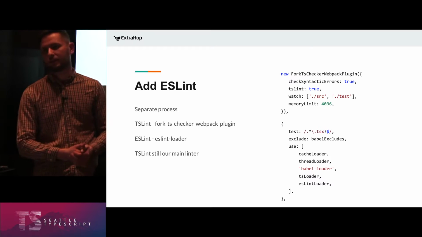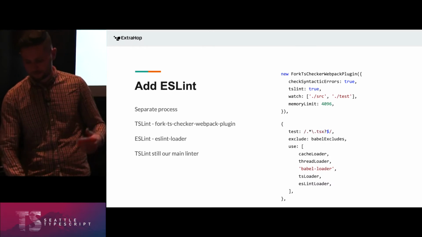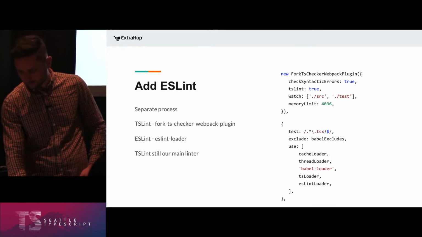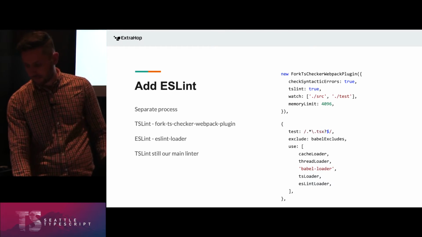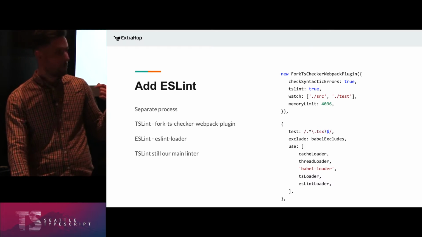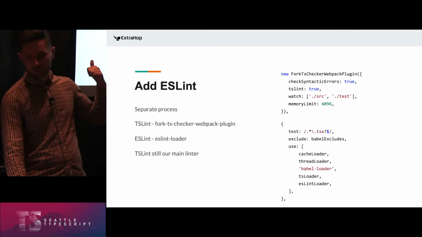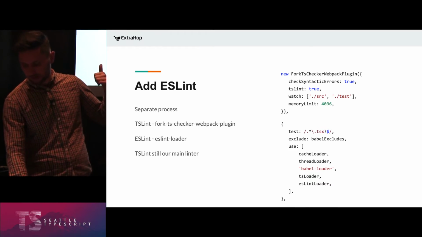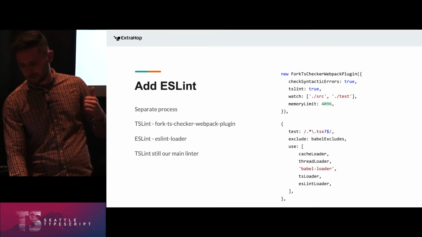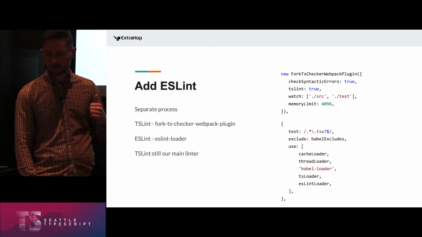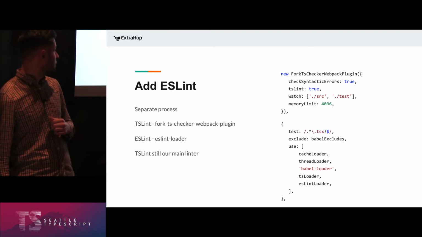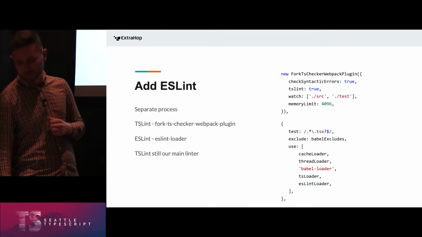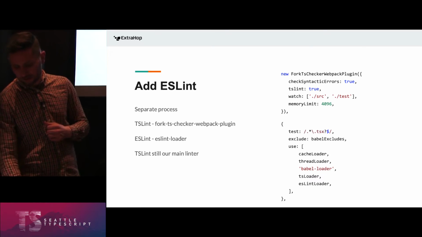And then for ESLint, I saw that you can use ESLint loader. So TSLint still remained our main linter. So basically, from a chunk from our webpack, fork TS checker webpack plugin was still using TSLint, but then you see the list of our loaders for TypeScript files. We just added this extra one, ESLint loader.